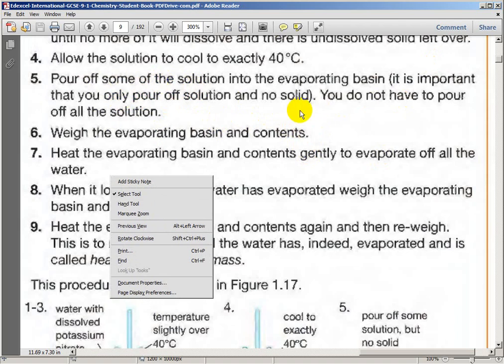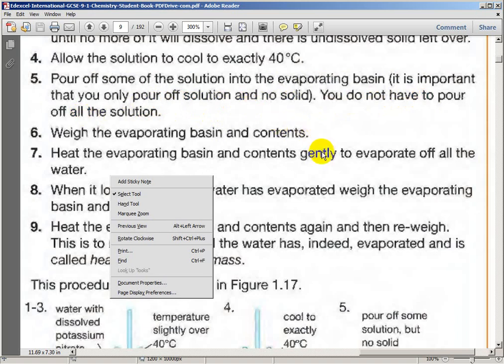Pour off some saturated solution into the evaporating basin. It is important that you only pour off solution, no solid. You don't have to pour off all the solution.